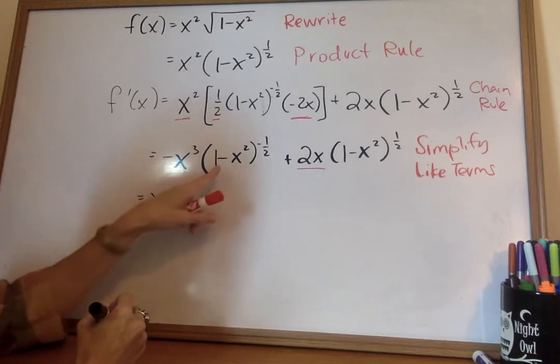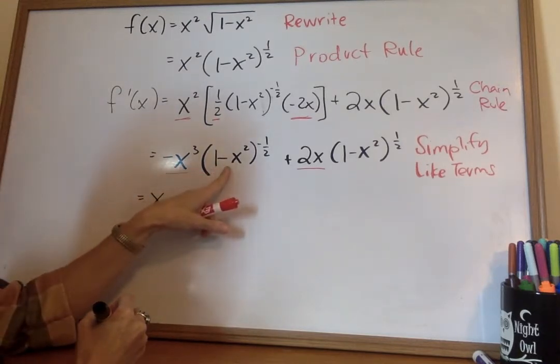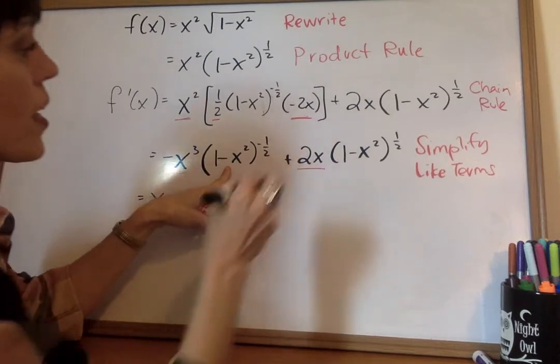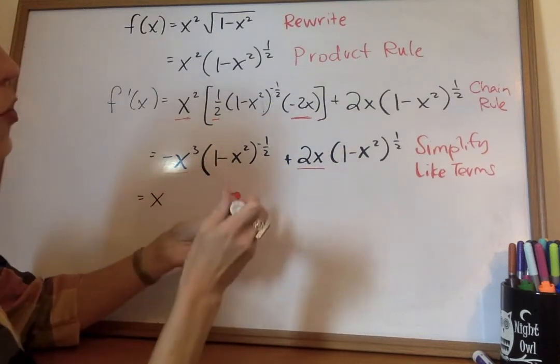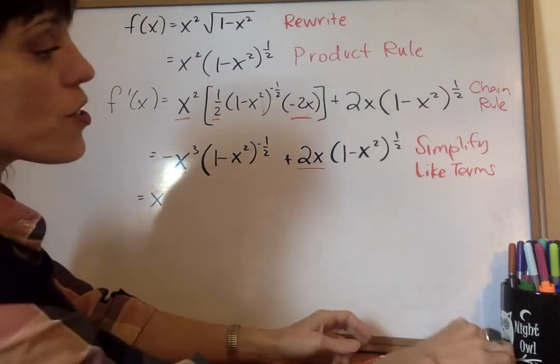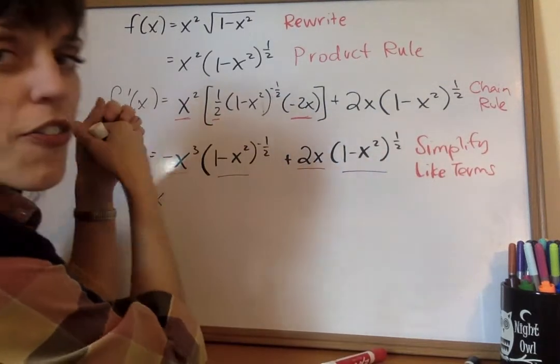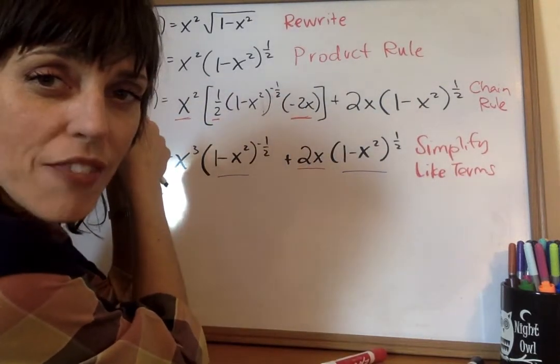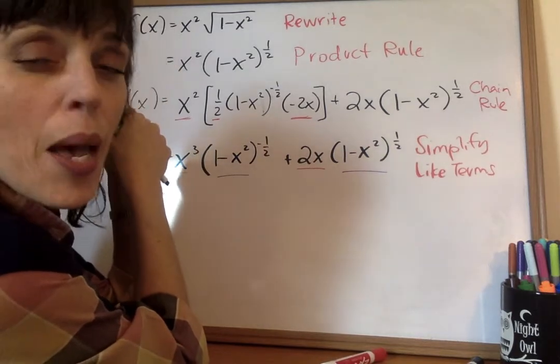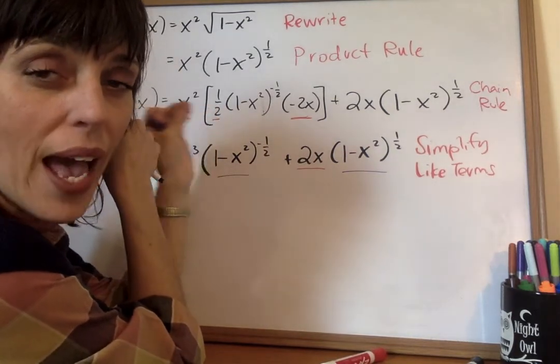And then I also see I have a 1 minus x squared to the negative 1/2 and a 1 minus x squared to the 1/2. Now that's also a common factor. And the factor that we're going to pull out is the factor with the smallest power, or the smallest exponent.